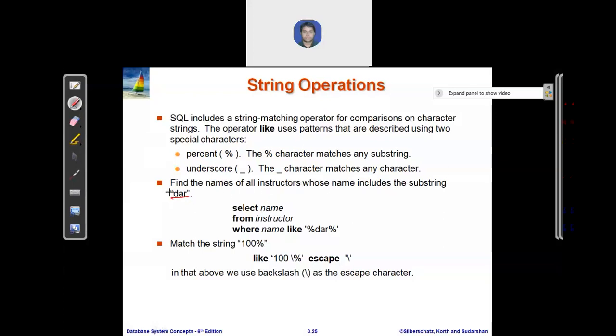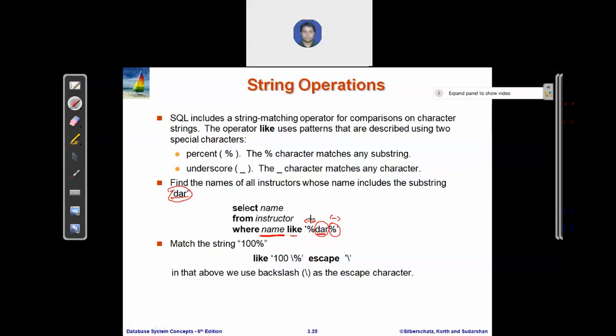The query is select name from instructor where name like percent dar percent. Before dar there can be any string, and after dar any string, but dar must be a substring.